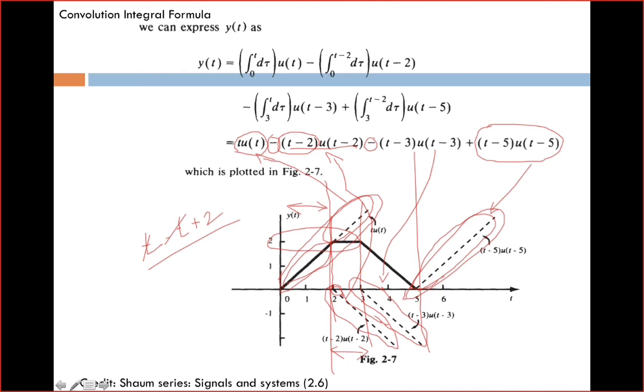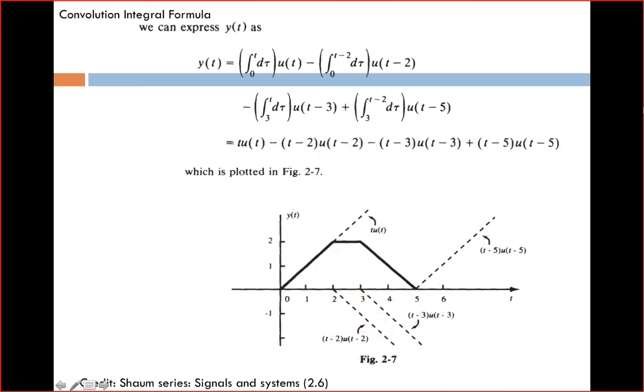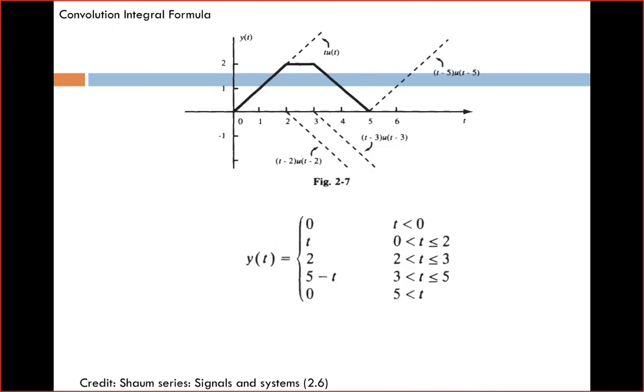Because of this reason, people do not choose convolution, and instead of convolution people opt for multiplication. It's very simple to take the Fourier transform, multiply the two signals, and once again take the inverse Fourier transform. So this is one way of convolving, and I have written the final result here.